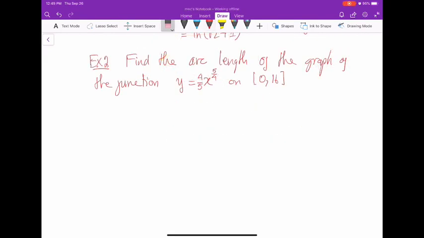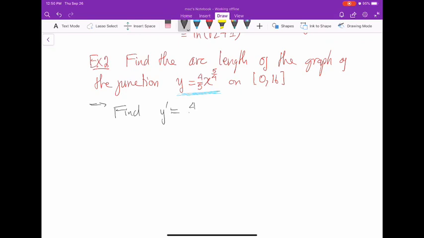Now, let's consider the second example. Let's find the arc length of the graph of the function y equal to 4 over 5 x to the 5 over 4 on 0 to 16. As we have seen, the first thing we need to do is find the derivative, right? Find y prime, because in the formula, we need a derivative. So let's find y prime.